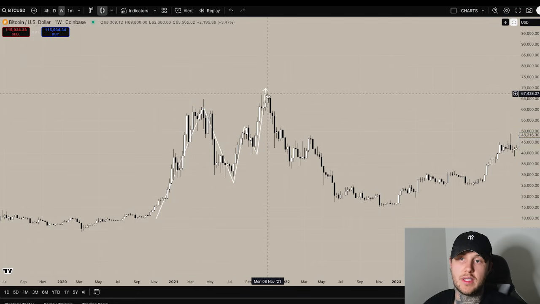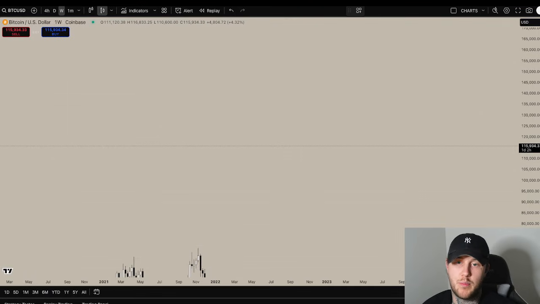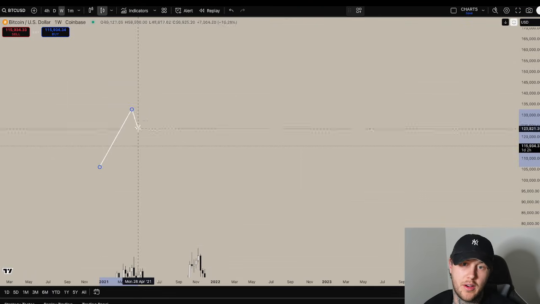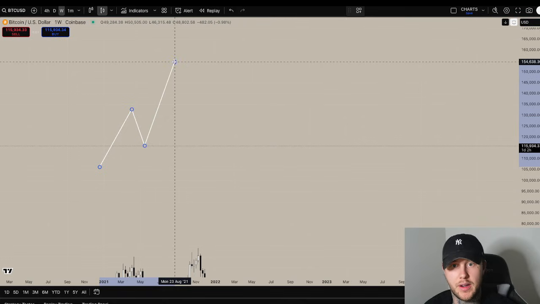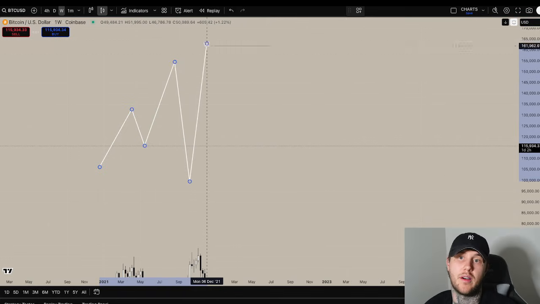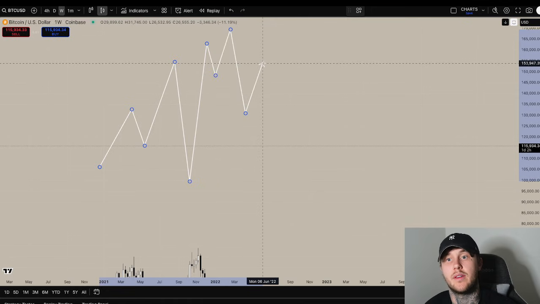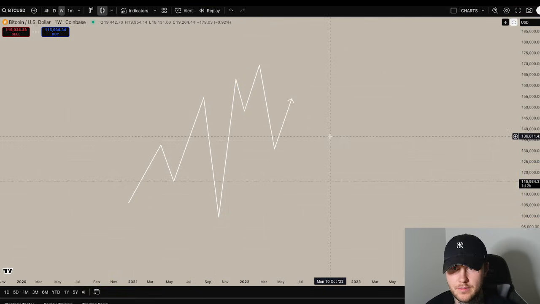This is more realistic on how the market's going to move. The market's never going to move picture perfect. It could make a higher high and then make a lower high and then a higher high and then a lower high and then higher high, higher low, higher high, lower high, higher low, higher high.